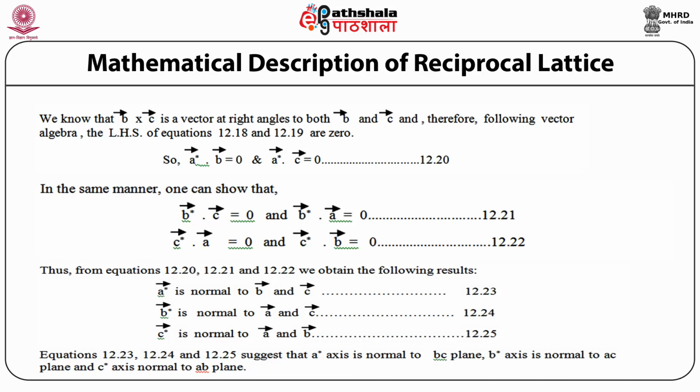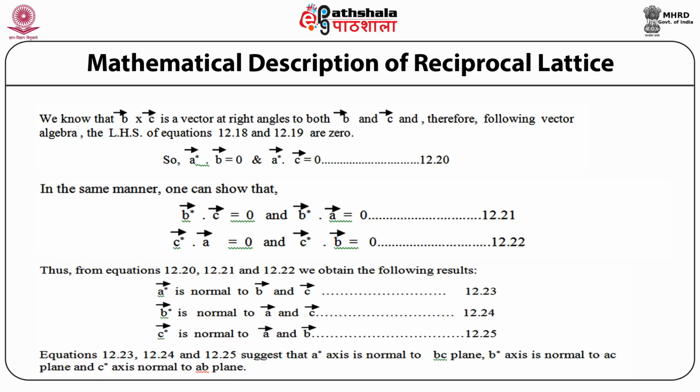Thus, from equations 12.20, 12.21 and 12.22, we obtain the following results. a* vector is normal to b vector and c vector, given as equation number 12.23. b* vector is normal to a vector and c vector, given as equation 12.24. c* vector is normal to a vector and b vector, which is given as equation 12.25.